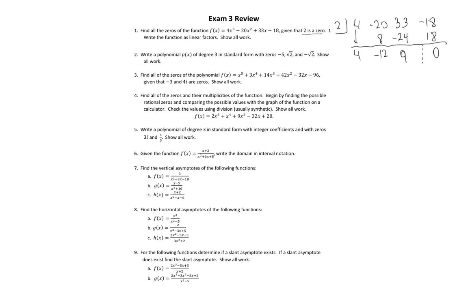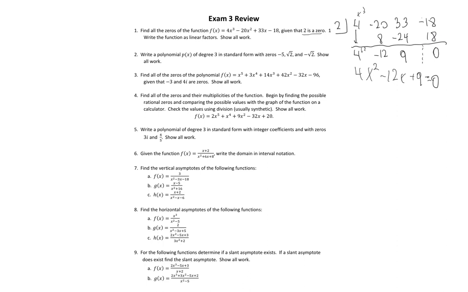The reason I did that is when we do synthetic division, it will reduce our power. So I can now rewrite this. This was originally x to the third, so when we go down 1, we lose 1 x. It's now x squared. So we have 4x squared minus 12x plus 9 equals, and we're going to try to figure out where that equals 0.